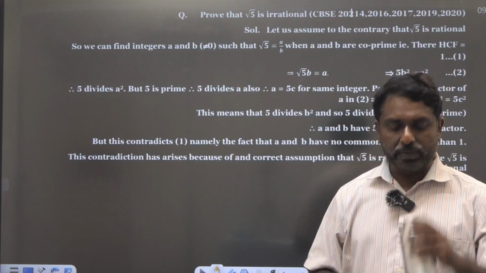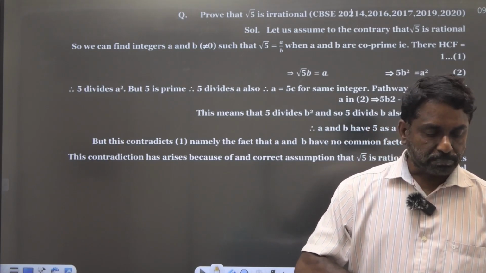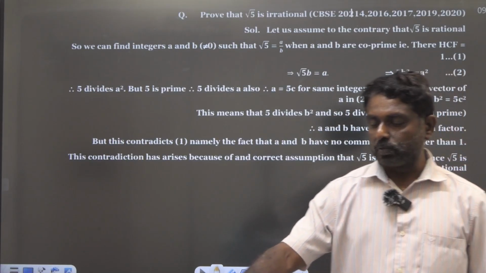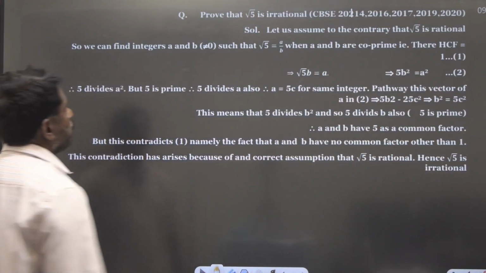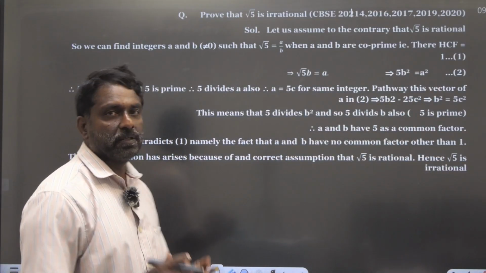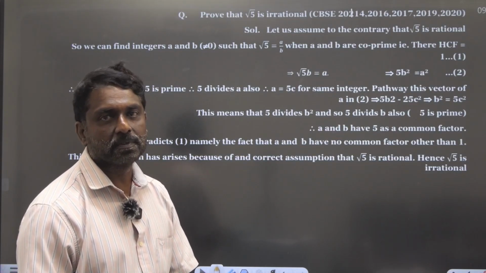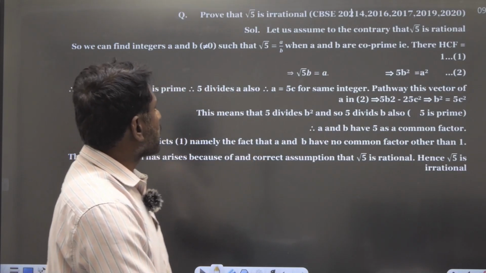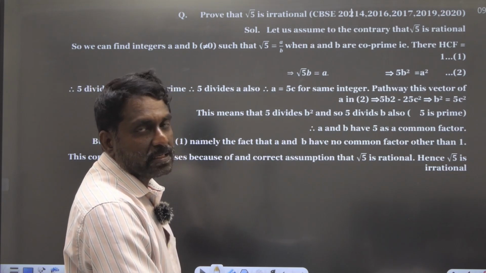How can we prove it? I can give you a theoretical proof. Look here. For proving root 5 is irrational, let us consider that it is a rational number.